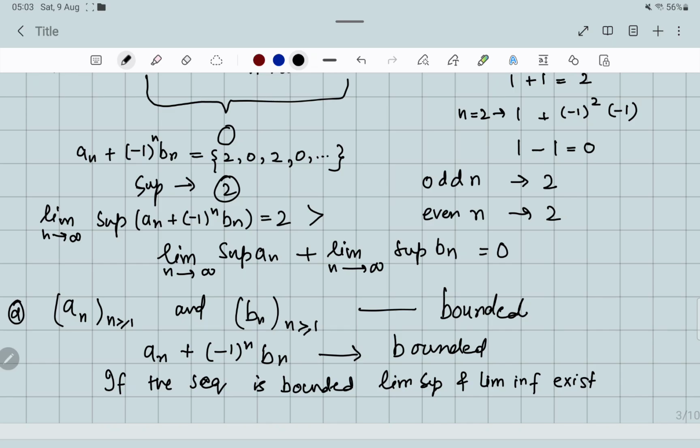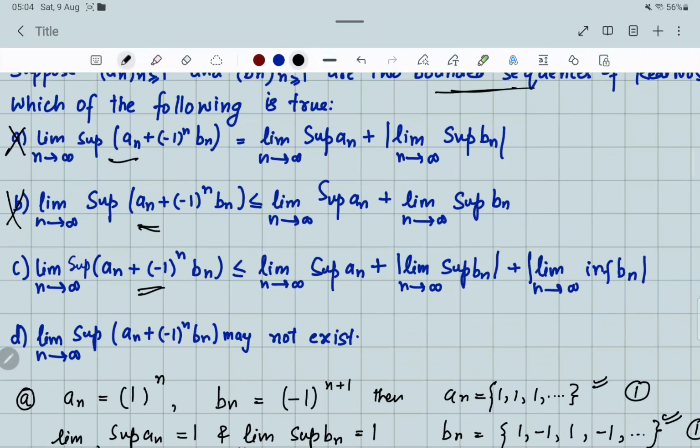If these exist, this discards option D. Option D says that this limit supremum may not exist. This is incorrect. Option D is incorrect.